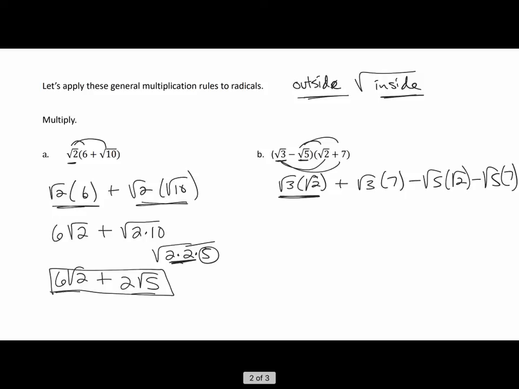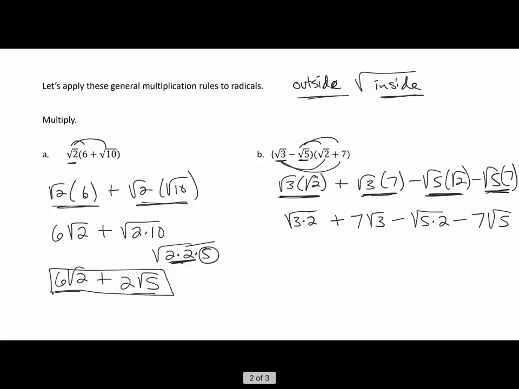So the first term then, both are under the radical. I'm going to multiply them together under the same radical. For the second term, 7 is outside of radical, 3 is inside. For the third term, they're both inside, so I'm going to multiply them together inside. And the last term, 7 is outside, 5 is inside.